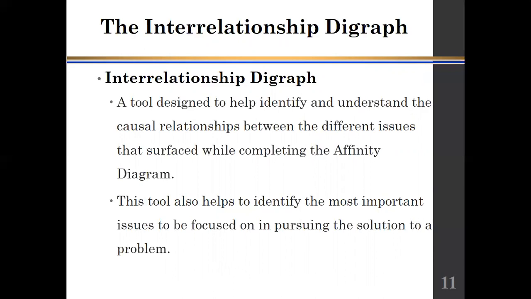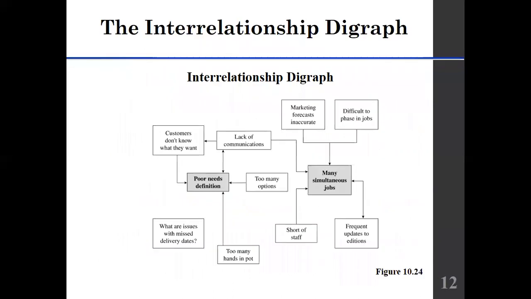A finished interrelationship diagram or digraph is shown here in figure 10.24. This interrelationship digraph shows the relationship between different issues. So these are actually different issues, and this interrelationship digraph shows the relationship between these different issues.